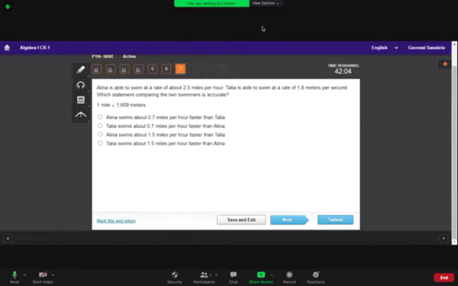Talia swims about 1.5 miles per hour faster than Alina. Talia swims faster.